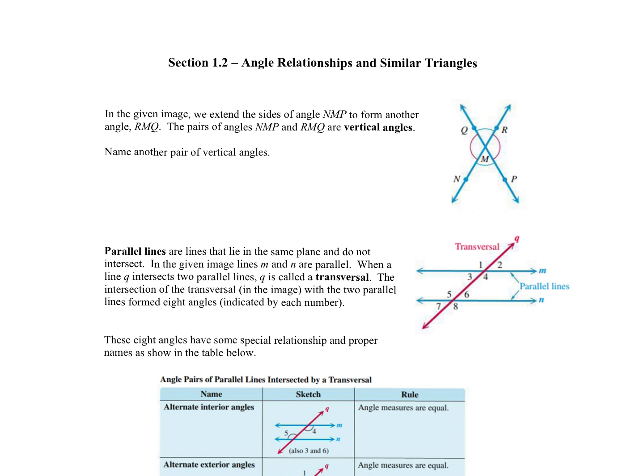So if I highlight that, NMP, remember that middle letter is where that vertex is, to form another angle, RMQ. So they extended N this way, they extended P this way to make Q, and then this angle in the middle. These two angles share the common vertex of M because the M is in the middle.